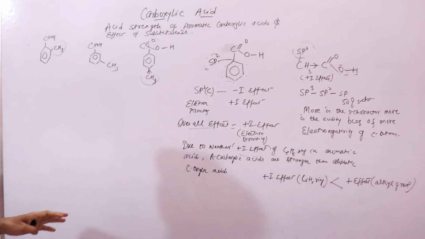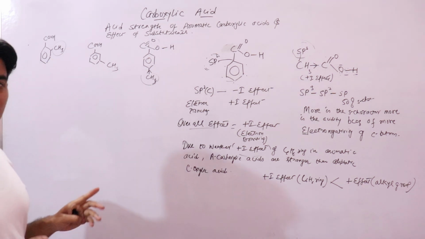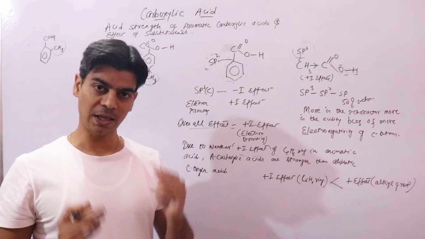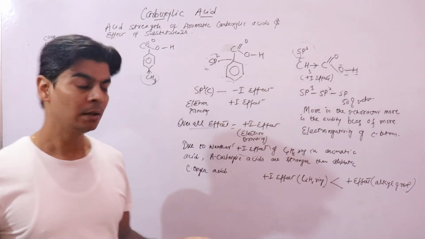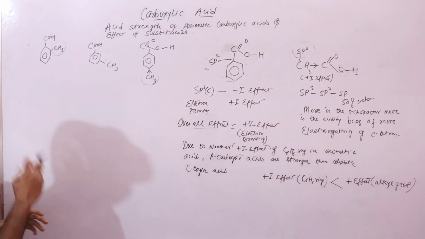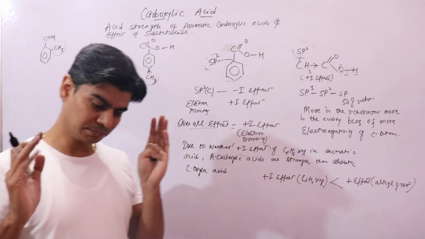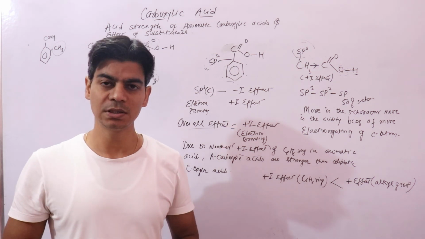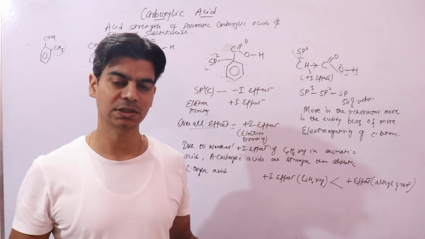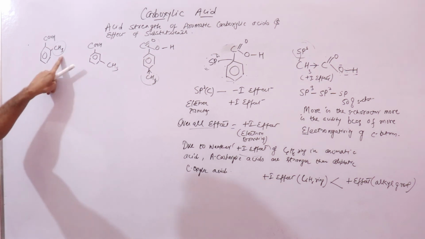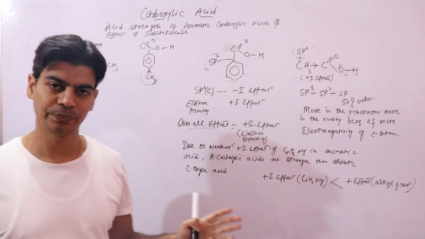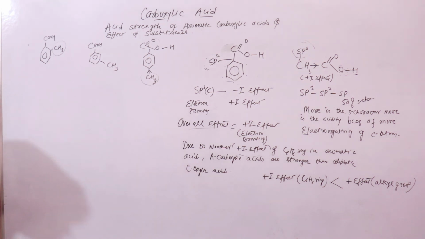And one important thing is, when the substituent is present at ortho position, it will make the acid the strongest acid. Why? Because of some steric and electronic factors. The complete reason is not known, but we say that possibly it is due to some electronic and steric factors that it makes it the strongest acid, right?